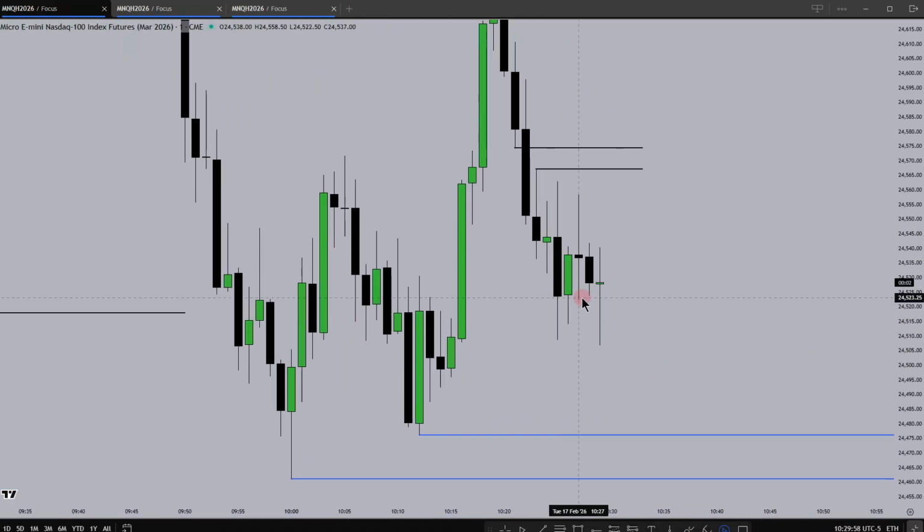And it's starting to overlap a little bit in here. So still haven't closed under that 1 minute fair value gap, but you would want it to be used as an inversion already.